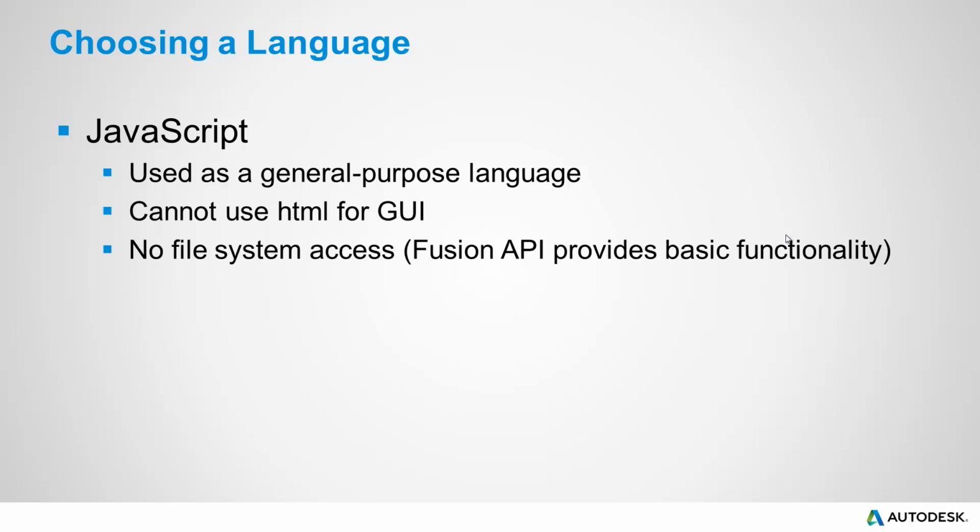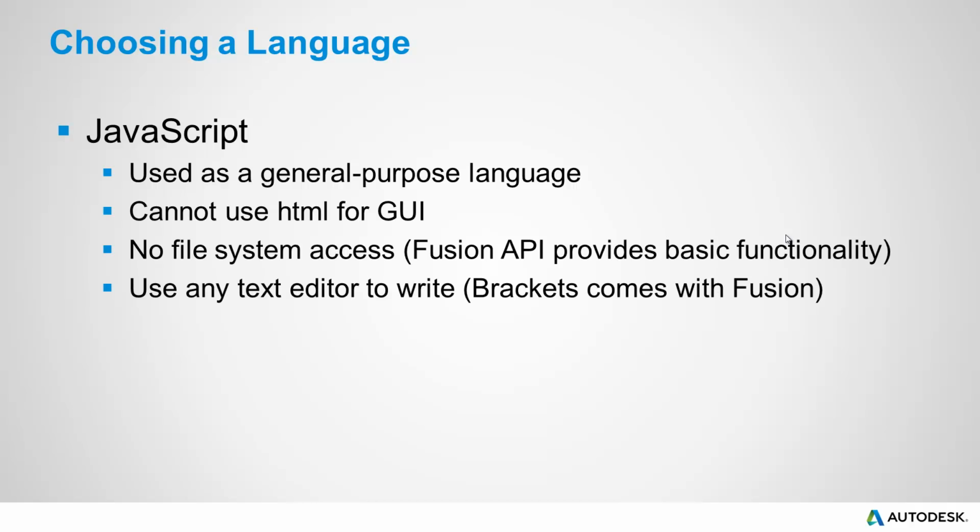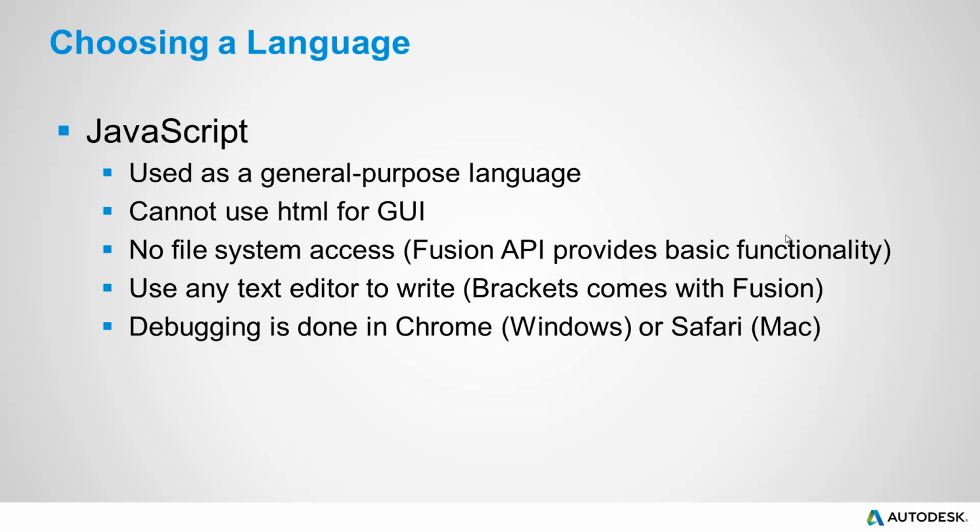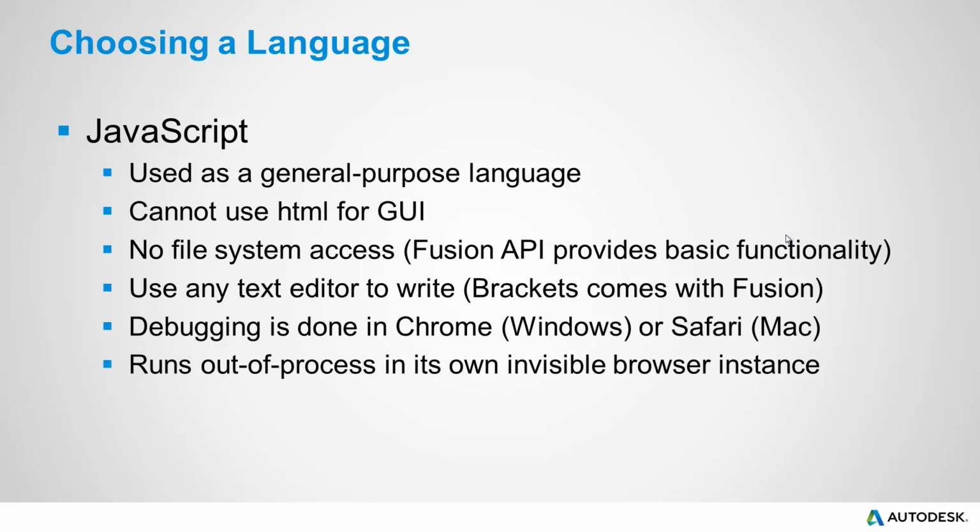And with JavaScript, you can use any text editor you want to write code, but we deliver one editor with Fusion called Brackets that we'll use by default. And I'll show that in a minute. And then debugging is done in Chrome if you're using Windows, or in Safari if you're on Mac. And JavaScript runs out of the Fusion process in its own invisible browser instance.